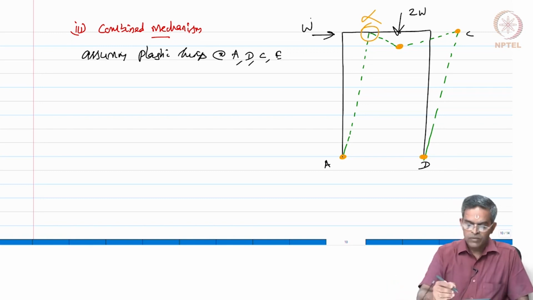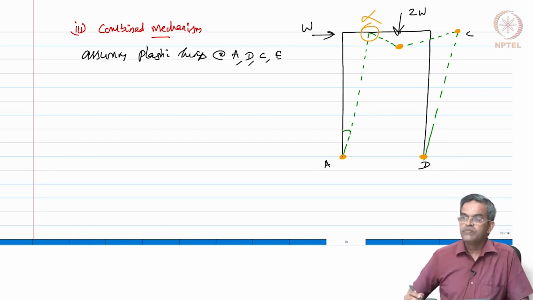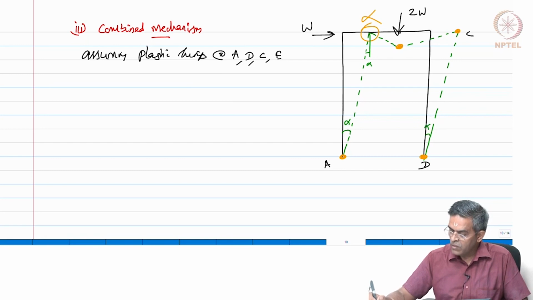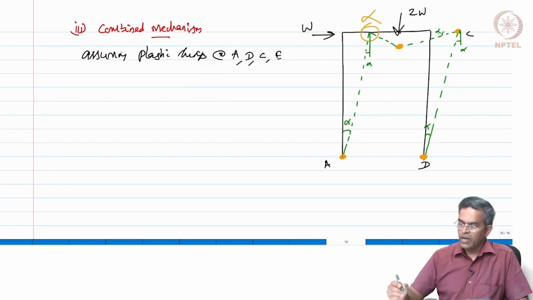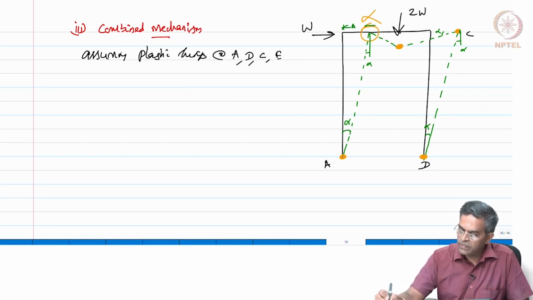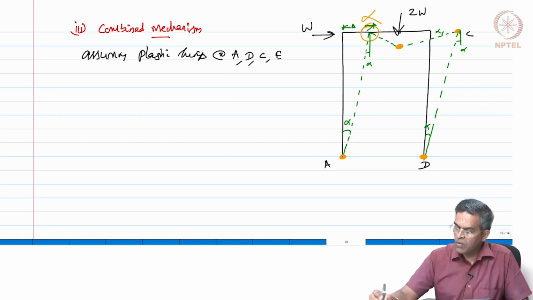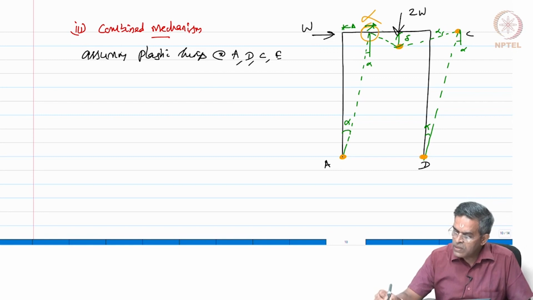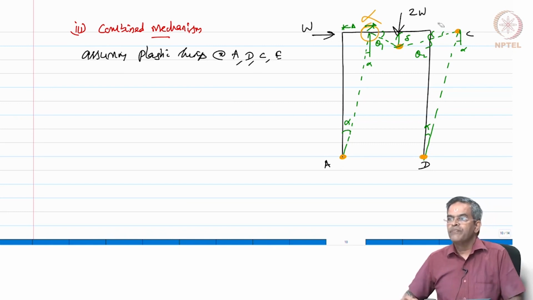Okay. So, we call this value alpha, which is also alpha here, and also alpha here, and we call this delta, and we call this del. Okay. And we call this angle theta 1 and this angle theta 2.